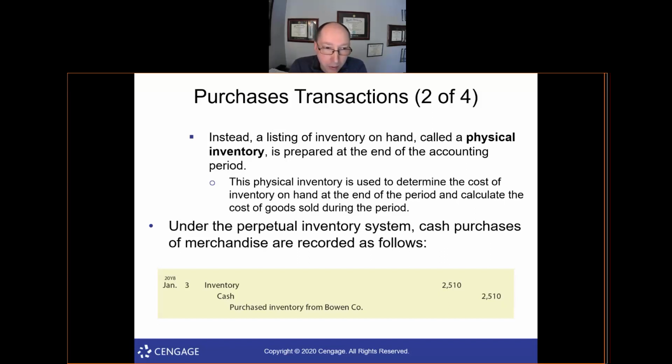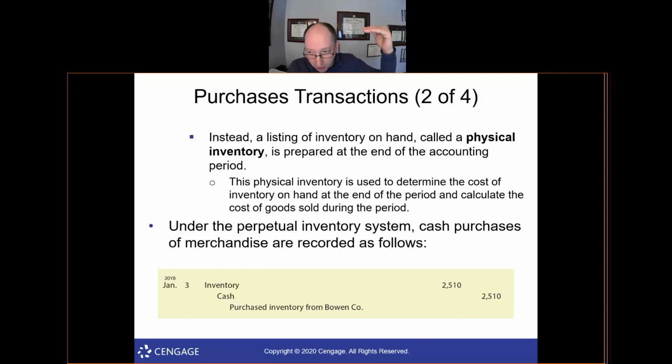An example of a perpetual inventory system transaction: in this example, we're purchasing more inventory from our supplier, okay? When we purchase inventory from our supplier, we debit inventory.